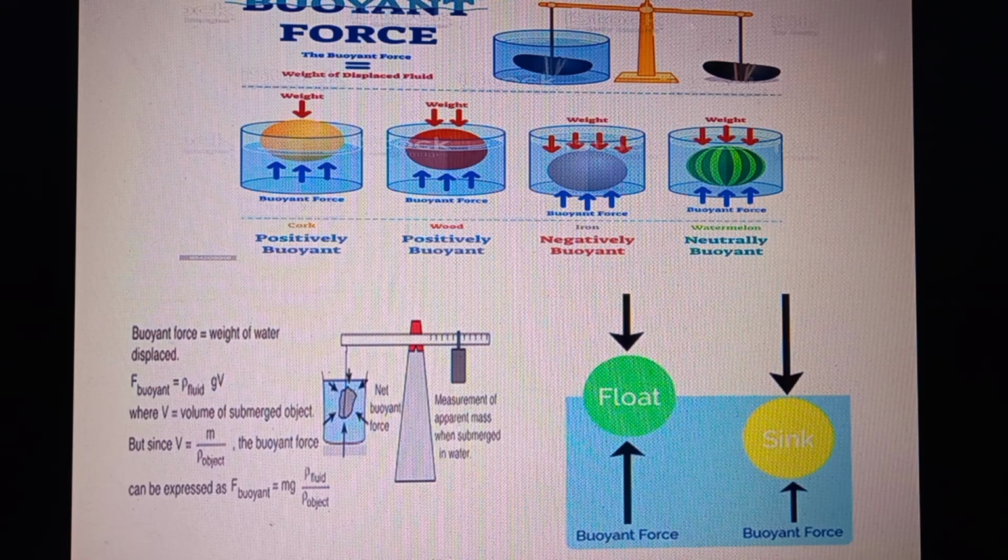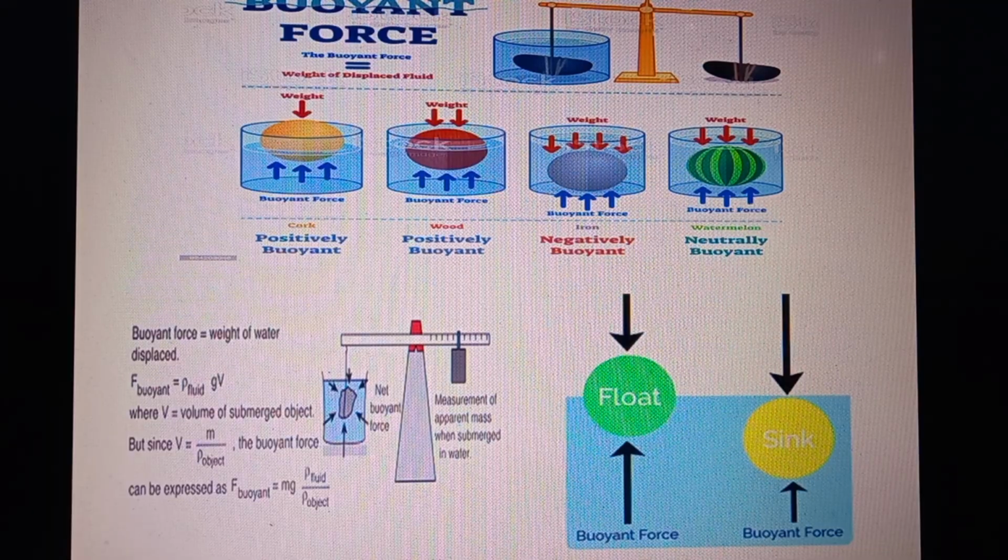The volume of the submerged object should be converted in terms of mass and density of the object. Therefore, the formula would be expressed as buoyant force equals mass times gravity times the fluid density divided by the object density. So the buoyant force is directly proportional to the mass and the gravity of an object, divided by the object density.